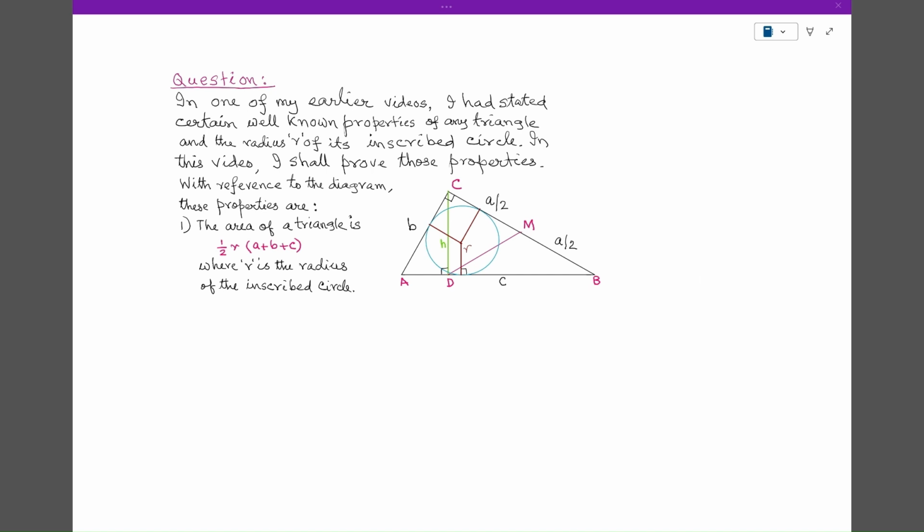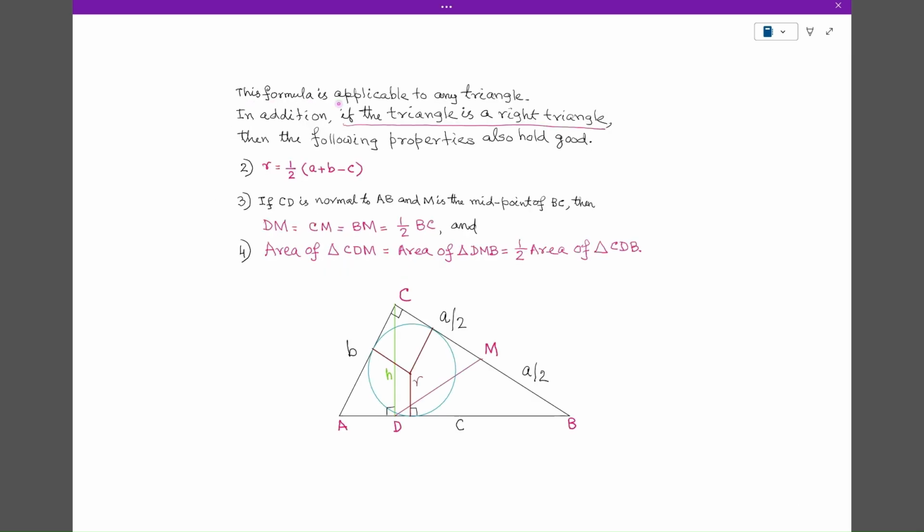With reference to the diagram, these properties are: the area of a triangle is half r multiplied by (a plus b plus c), where r is the radius of the inscribed circle. This formula is applicable to any triangle.